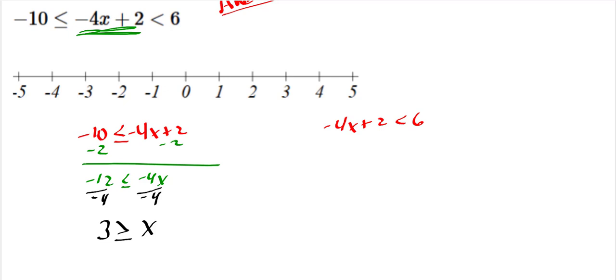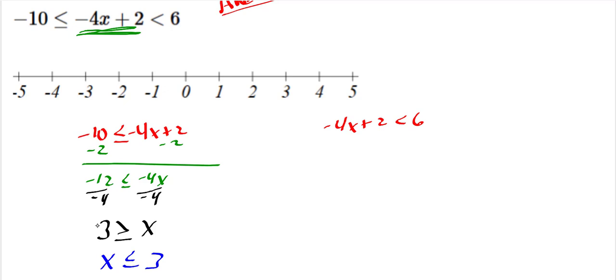Now I'm going to turn around and rewrite it such that the variable is first, because that way I know that the inequality points in the direction that the line needs to go. Now, I didn't change anything from the black to the blue right here. The only thing that I changed was x and the 3, and then I made sure that the 3 was being eaten by the inequality.